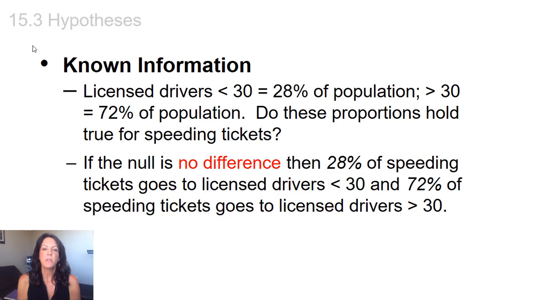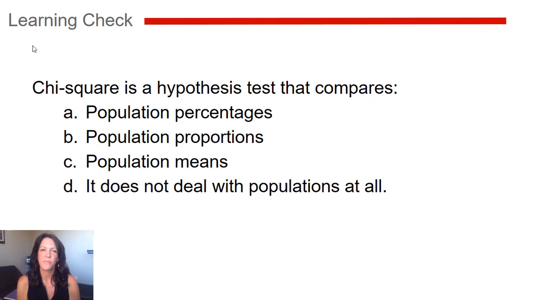If the null is no difference, then 28% of the speeding tickets are going to go to drivers under age 30 and 72% would go to licensed drivers over age 30. So this is an example where we know the breakdown in the population and we can compare a sample to that breakdown in the population.